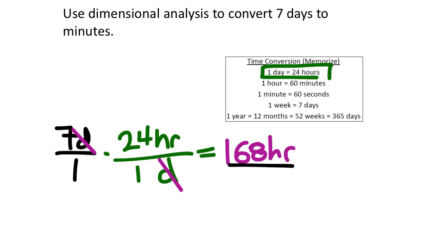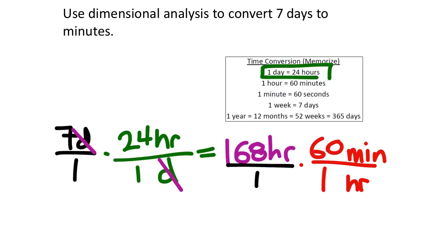Well, I want this conversion now from hours into minutes, which is what we want the answer in, because at the top here it says convert 7 days to minutes. So we'll convert this into minutes with the conversion factor from hours to minutes, knowing I need to cancel out hours, changing it into minutes. 60 minutes for 1 hour, and then that will change this into minutes.